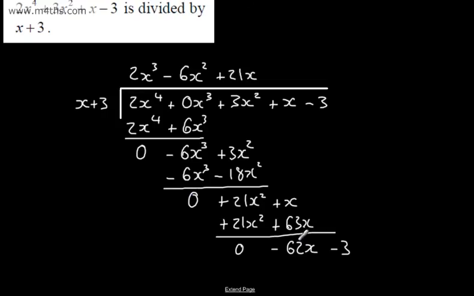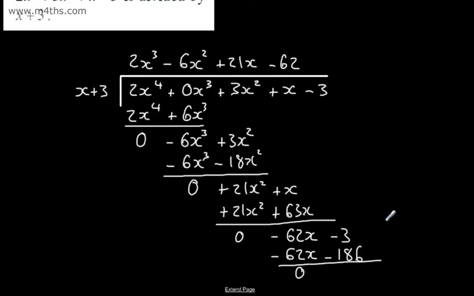x is into negative 62x, or what is negative 62x divided by x? The answer is going to be negative 62. Multiplying down, I get negative 62x, and then we're going to have on that now minus 186. Subtracting down, I get 0.